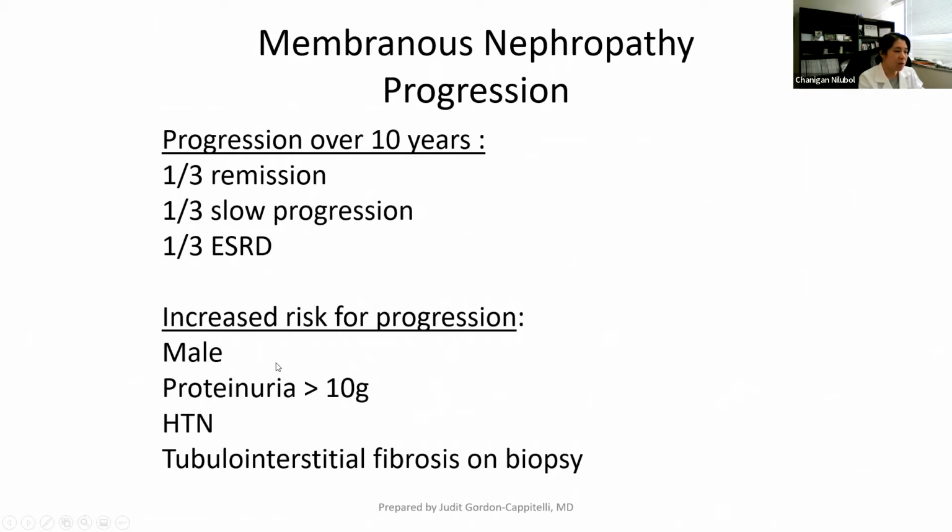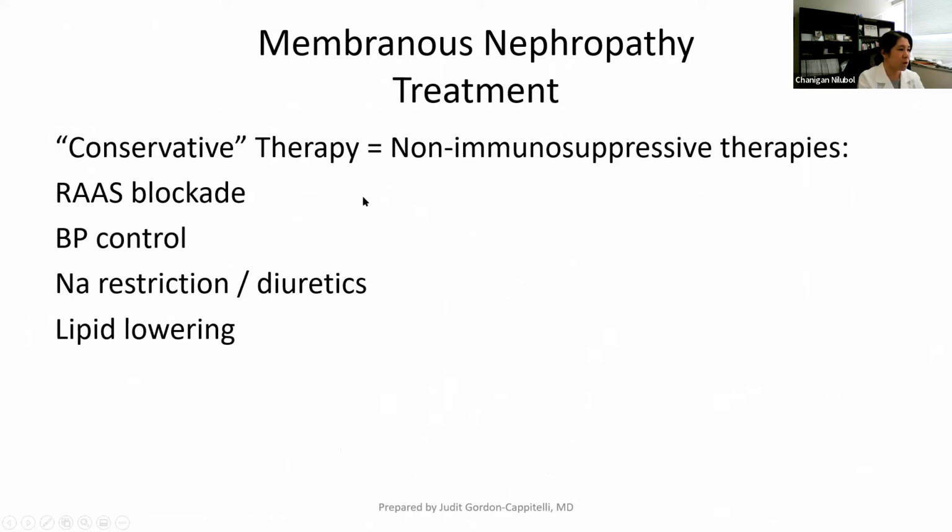So in male patients, if there is proteinuria of more than 10 grams, if the patient is hypertensive, and if there is significant fibrosis on the biopsy, these are all risks for progression. Their presenting creatinine is also part of this. Not sure why I didn't put it on here, but if they already have an abnormal creatinine, that might prompt you to treat more aggressively instead of waiting for spontaneous remission.